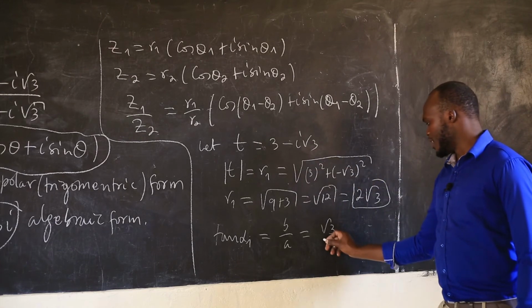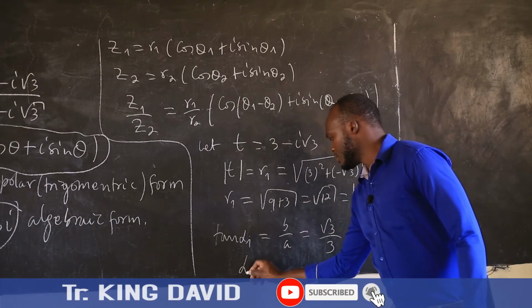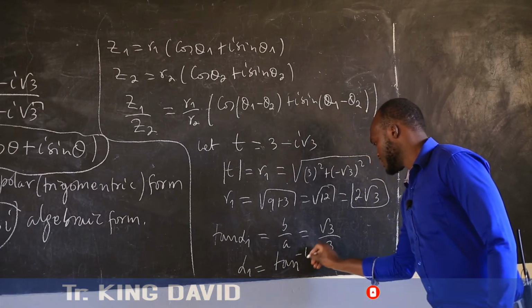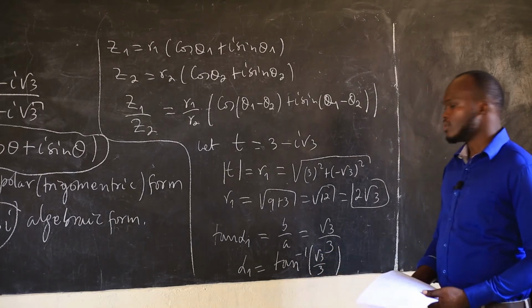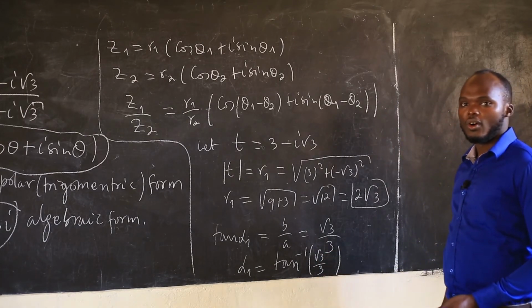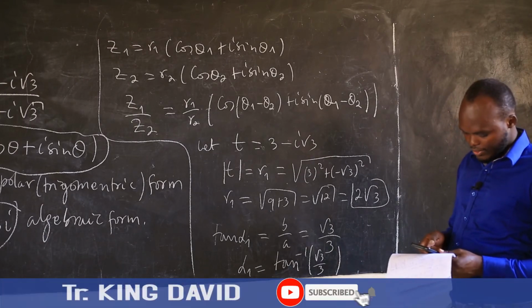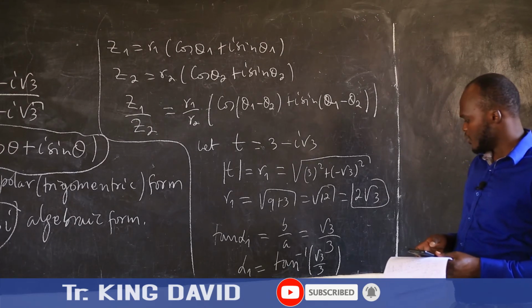So alpha 1 is tan inverse of root 3 over 3. So let us use the calculator to find tan inverse of root 3 over 3.